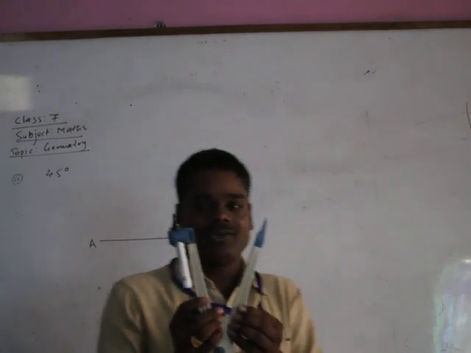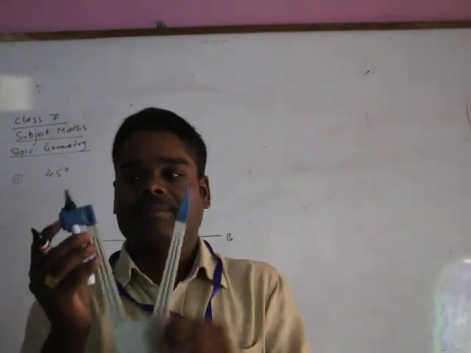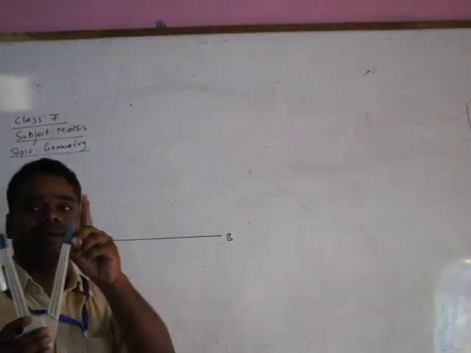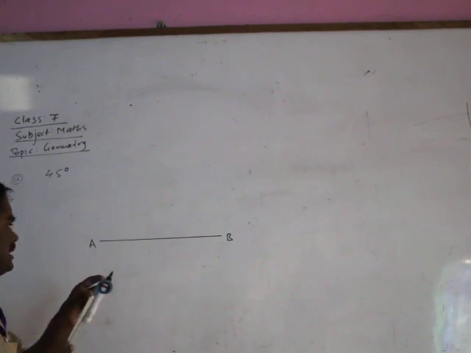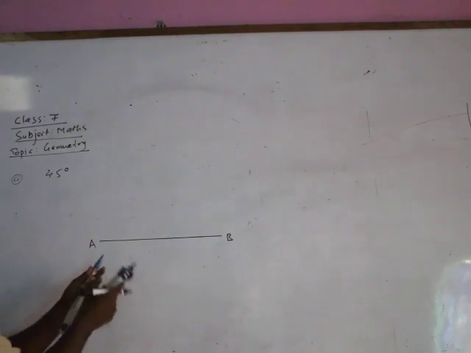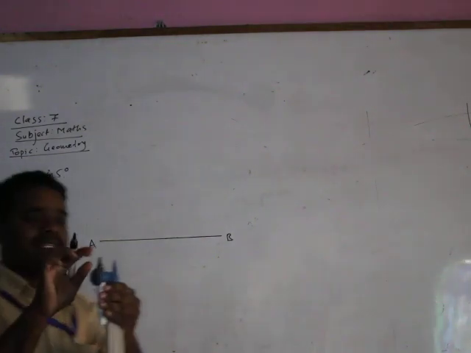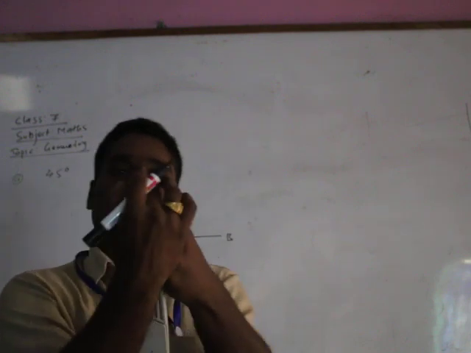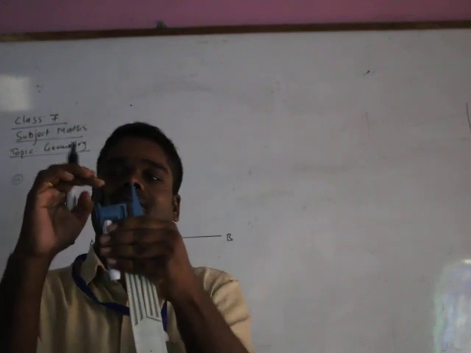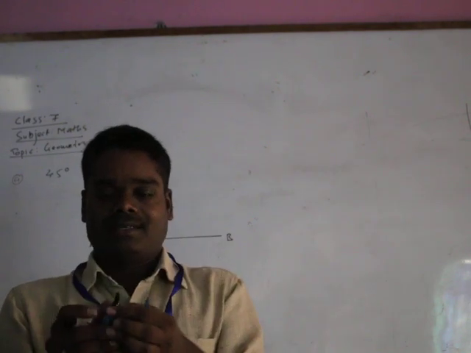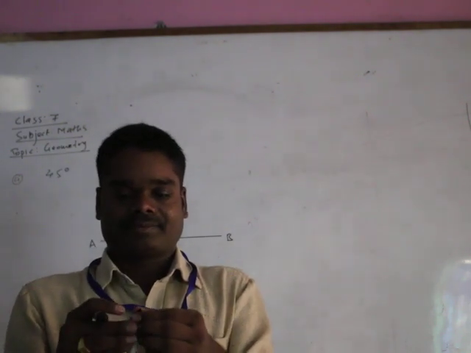So this is the compass, you know very well. Take a circular arc, with the tip of the compass lying at the common point that we have taken, A. And while fixing the pencil, the level of the tip of the leg and the tip of the pencil or marker should be the same. It will be easy to draw the arc.